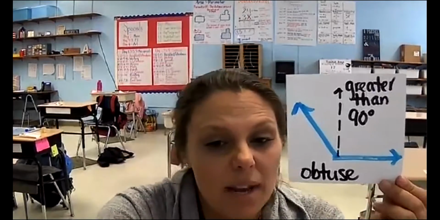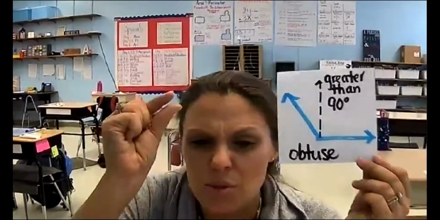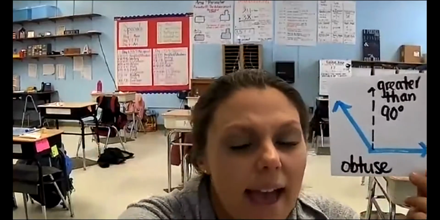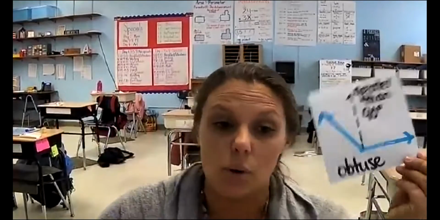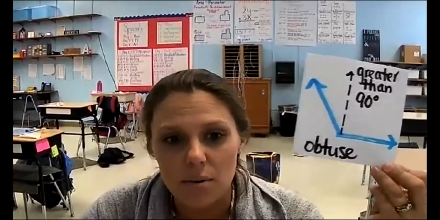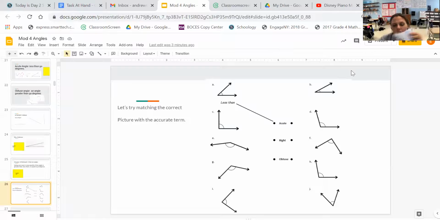I want you to take a few minutes, draw a few angles. Don't make them too small because we want to use our Post-it. And try to identify, is it greater than, less than, or equal to 90 degrees? Okay, good luck. This one's going to be a little hard to do just because we don't have the paper right in front of us. So what I'd like you to do is go to Schoology and open up the slides, and we will use our Post-it notes and just put them on top of our screen to identify.